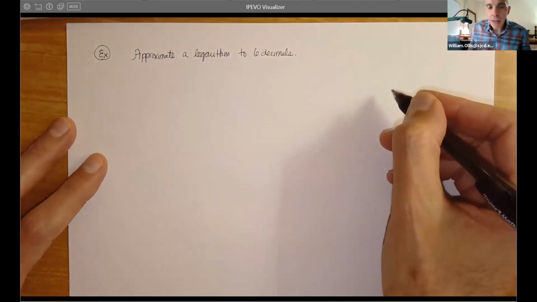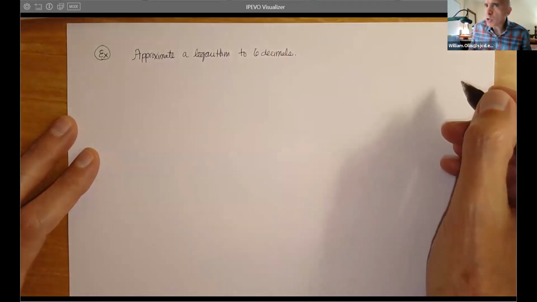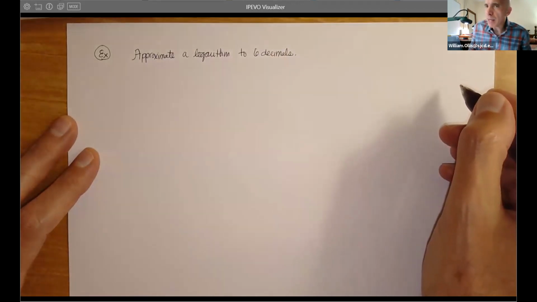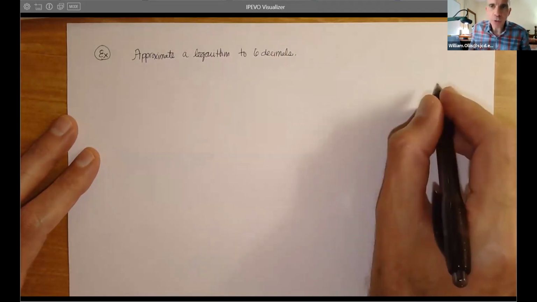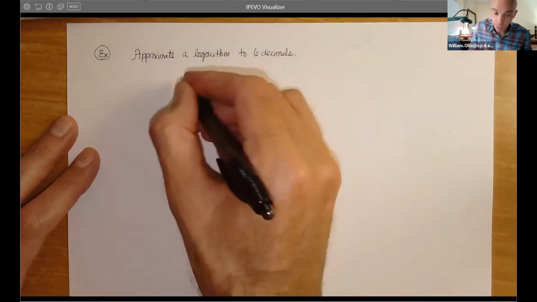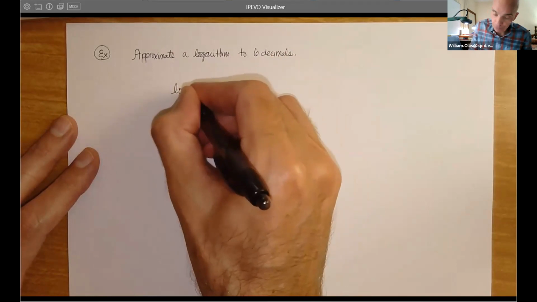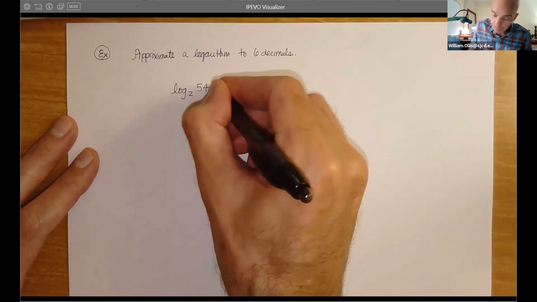So you're thinking, okay, you're going to give me a base that maybe I don't normally use. Like if I'm going to use my Google calculator, it might be a base that's not on the calculator, and maybe it's not a pretty number. So for instance, here's an example. Log base 2 of 540.